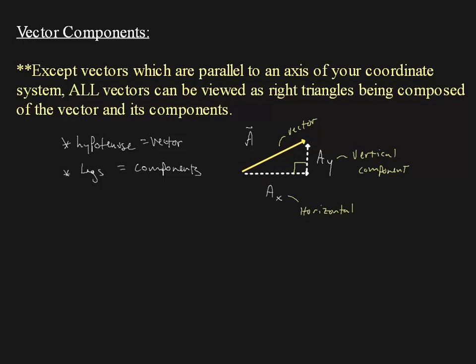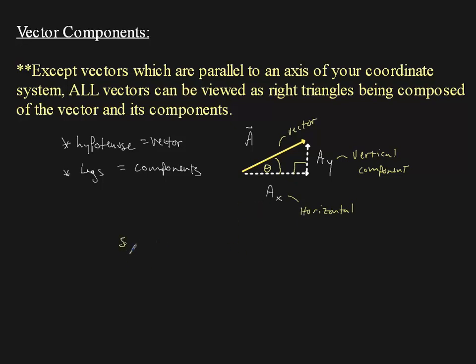Vectors in 2 dimensions are usually given a reference angle. They'll tell you the magnitude and the direction, but it's a reference angle. So for example, we can call this angle theta. If I want to determine what the size of AX is, then I'm going to have to use trigonometry.